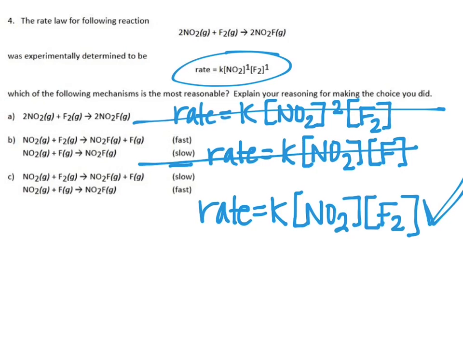Okay, last problem, and I'm done. This one's really easy. When a certain substance's concentration is doubled, the initial rate proceeds 8 times as fast. What is the order?